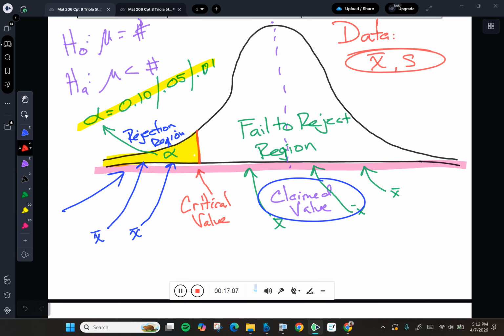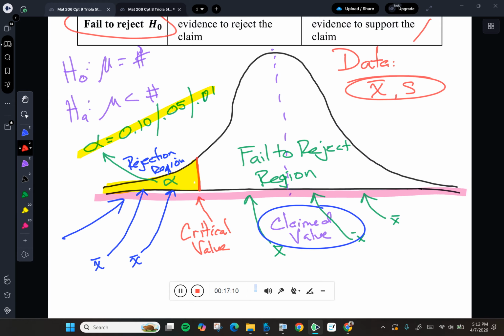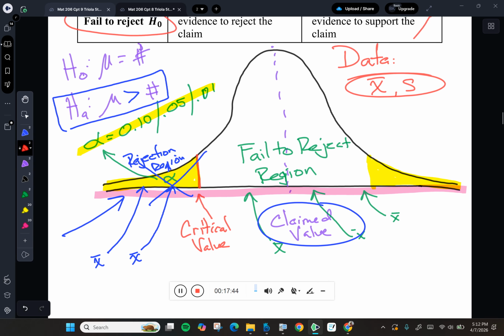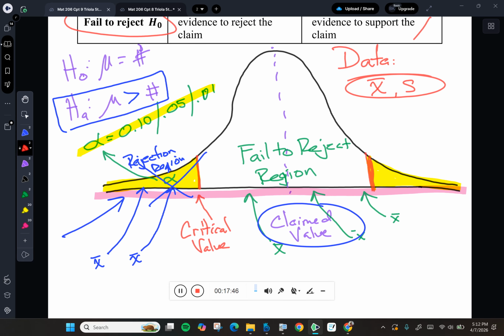Now this picture that I drew here, the rejection region was this left tail because the alternate hypothesis was a less than statement, often called a left tail test. If I swap some things here, like if I make this be a greater than, now the rejection region would be over here because the alternate is a greater than, or that would be a right tail test, and we would get our critical value being over here on the right.